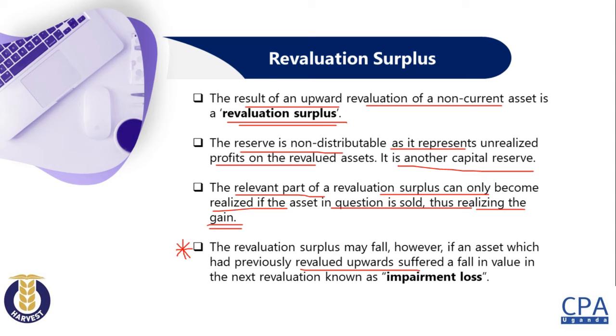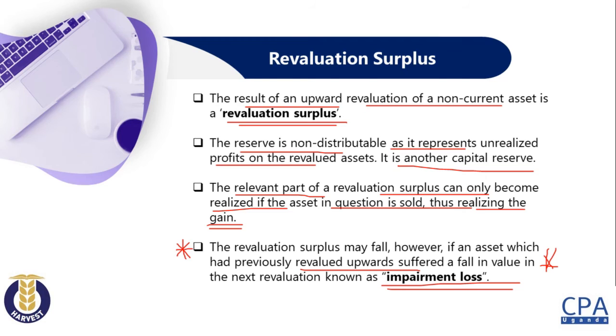So you'll be able to appreciate the treatment in International Accounting Standard 16, which we also have ahead of our discussions. The fall in the value of a non-current asset is known as impairment loss, and this is recognized as an expenditure in the profit or loss account.